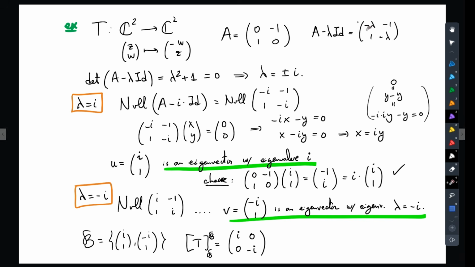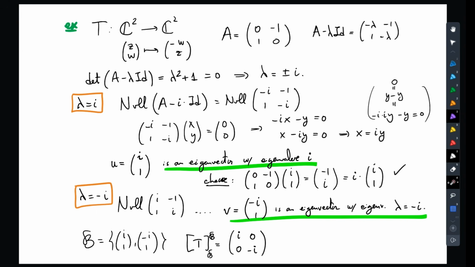Now, A minus lambda times identity still has this form, and it gives me that the determinant will be 0 if and only if lambda squared plus 1 is 0. So this tells me that if there are eigenvectors, it will be for the eigenvalues plus or minus i. Now I can try to figure out if there is an eigenvector for lambda equals i and an eigenvector for lambda equals minus i. Let's see what happens for the possible eigenvalue lambda equals i.